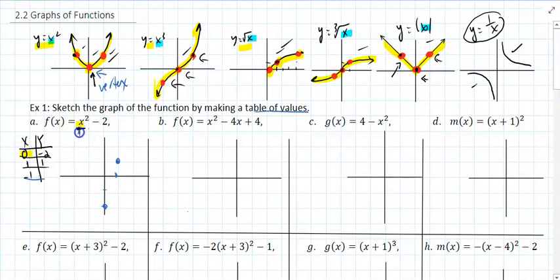And if I throw a negative 1 in there, negative 1 squared is positive 1 minus 2, that's a negative 1. I'm sorry. So 1, negative 1, and negative 1, negative 1. And again, these 3 points correspond to these 3 points. All you have to do is connect them with a smooth curve. There's your problem.